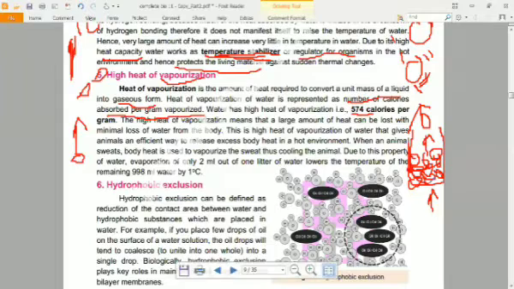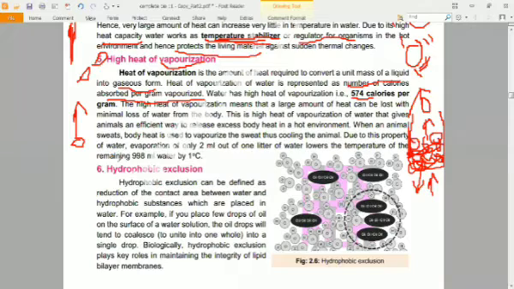The vaporized form's temperature increases, but the remaining water's temperature decreases. So here is the cooling effect. This is the main reason.